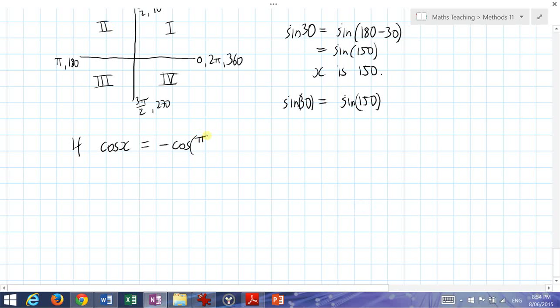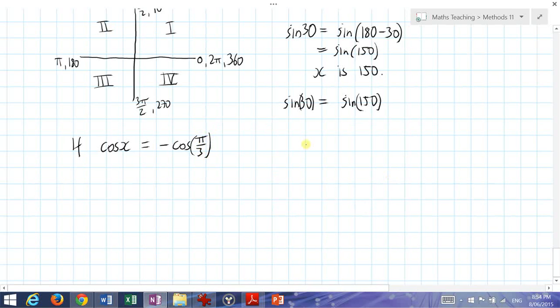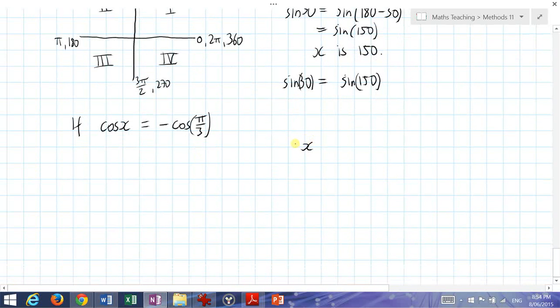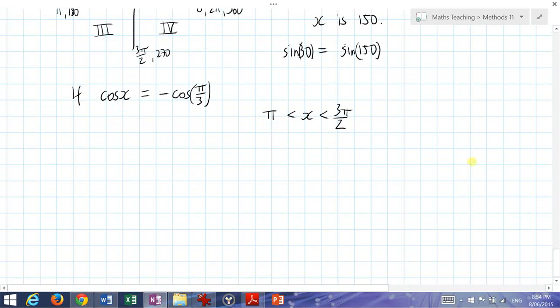We'll say pi on 3 radians, and we're told that x is in between pi and 3 pi on 2. What's that telling us? It's telling us that that's pi and that's 3 pi on 2.